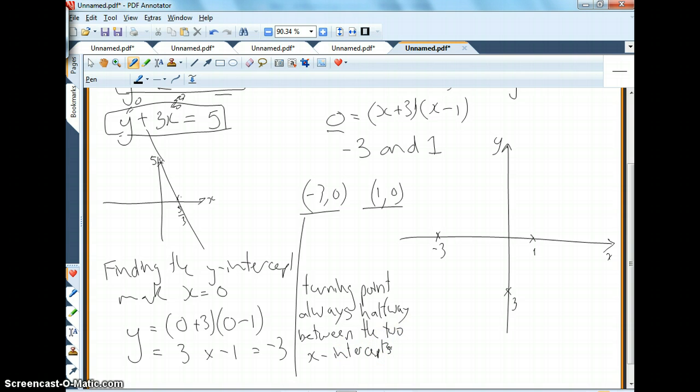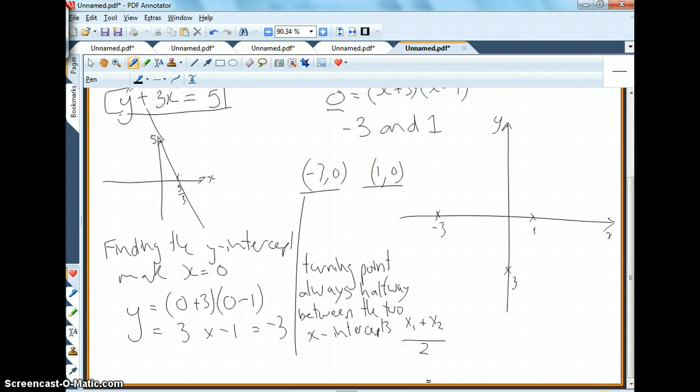And to find halfway between them, and sometimes it's obvious, sometimes it's not, we use this formula: one of the x-intercepts plus the other one, and divide by 2. So minus 3 plus 1 divided by 2, and that will give us a value of -1.